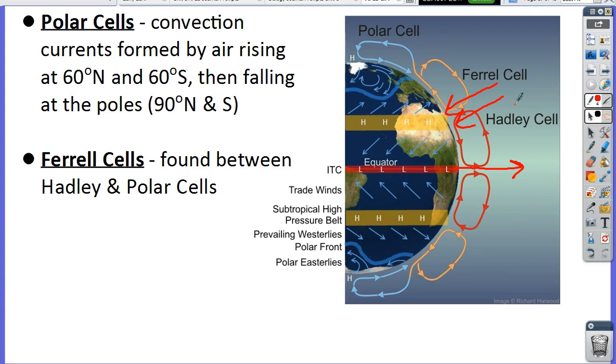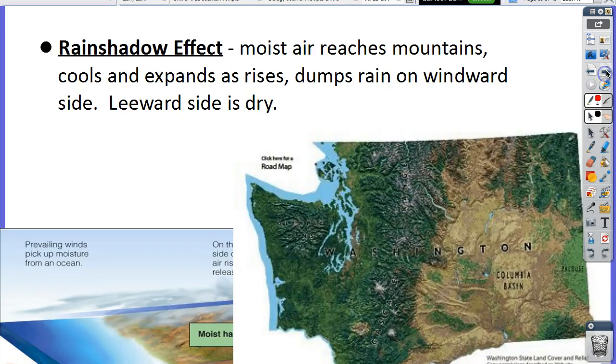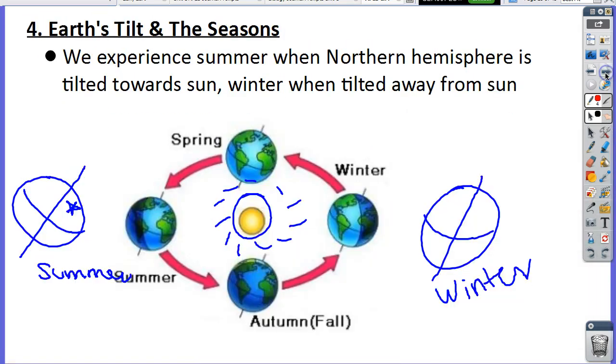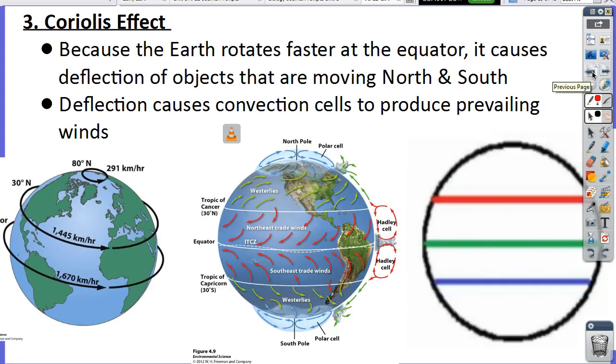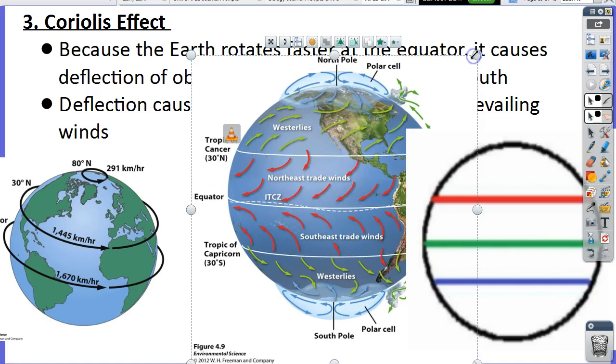So if this is spinning west to east and I'm drawing a straight line, it's going to curve down and to the left. Now, if we look at these winds, the trade winds that I talked about, somewhere here clearly, where do they go? Down and to the left. Same thing that I just showed you on the ball.